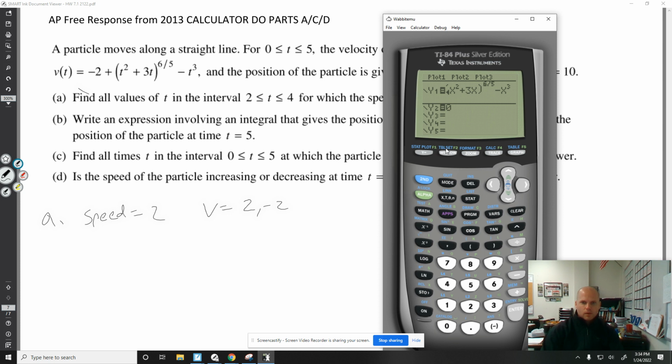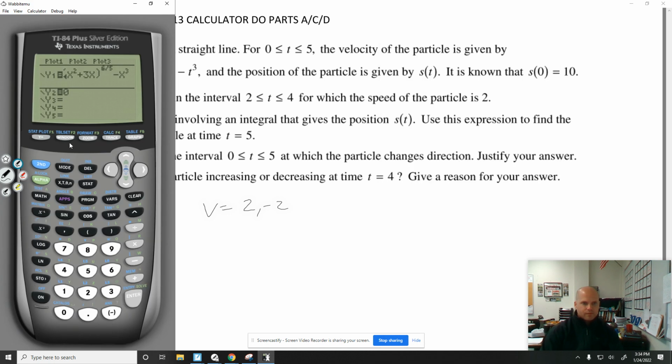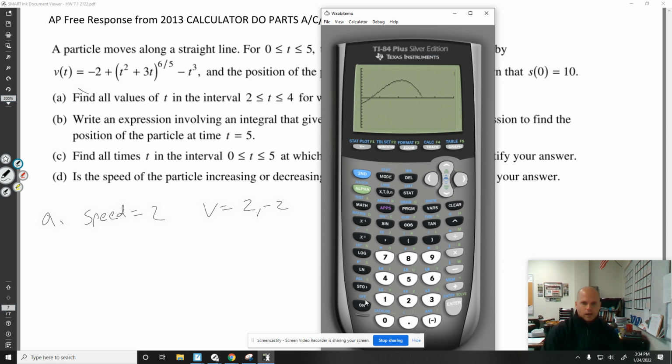Okay. I'm looking from 0 to 5, and I need to find the values. So you know what I'm going to do? I'm going to graph positive 2, and I will also graph negative 2, one at a time to find the values.